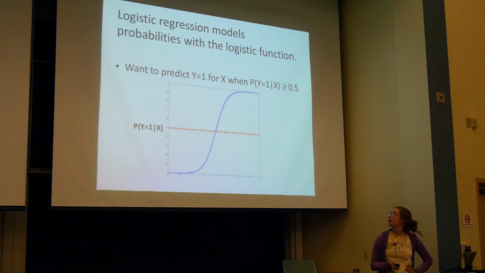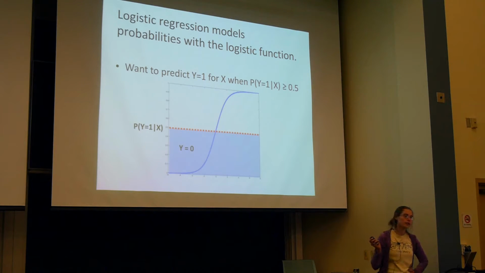So we can look at that. You have this threshold here at 1/2. Whenever the probability that y is 1 is less than 1/2, that means the probability that y is 0 is 1 minus this value that's less than 1/2, so that's more than 1/2.